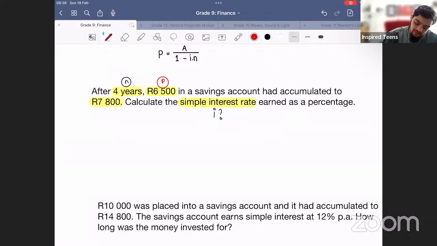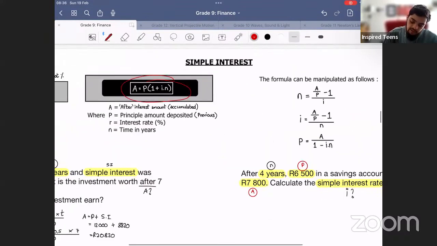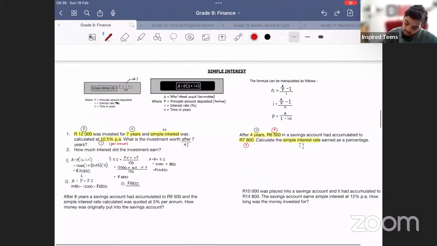That makes 7,800 the amount after interest. So yes, this is a savings account, so you're going to earn interest, and therefore we expect the after amount to be bigger than the prior amount. We'll make note of a variance in the calculation for loans.